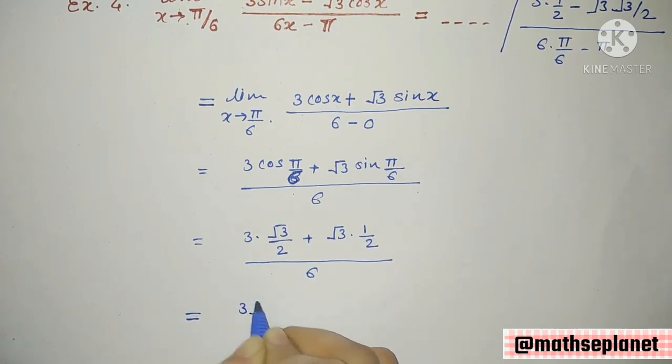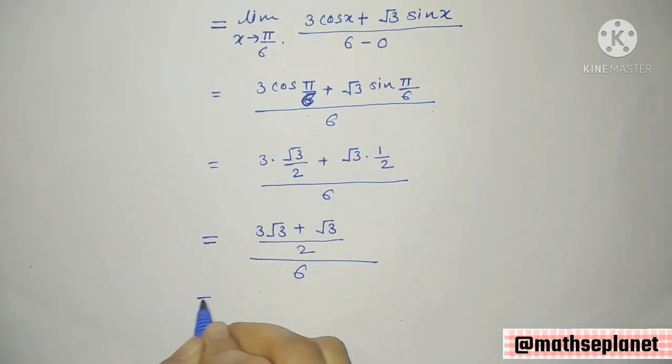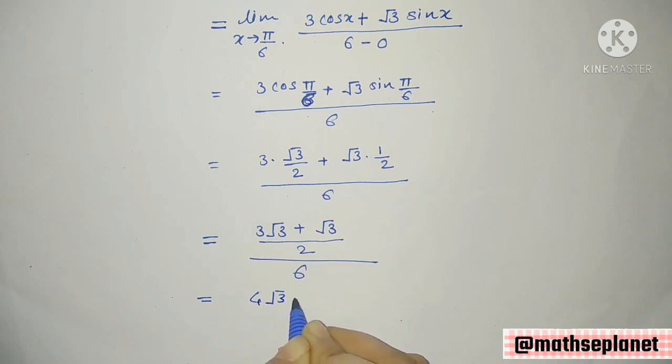So 3 root 3 by 2 plus root 3 by 2, whole divided by 6, is 4 root 3 divided by 2 into 6.